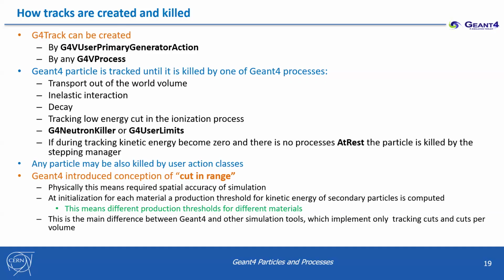And you produce only particles above these thresholds. The idea is that low energy particles have ranges less than the required accuracy, so there is no sense to produce them; it is better to deposit their kinetic energy at the step.